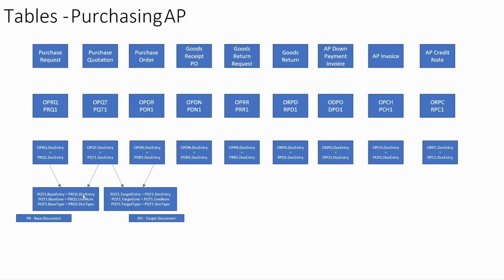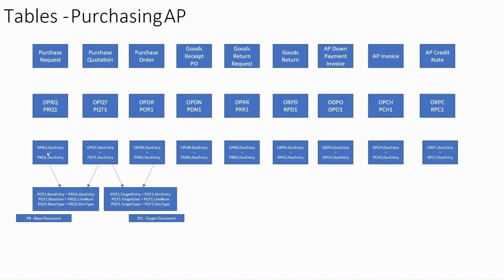So for the purchase quotation, the base document is purchase request. The base entry, base line, base type will be the doc entry, doc line, doc num and doc type of the purchase request. Similarly, for a purchase order, the base document could be purchase quotation or purchase request. And for a purchase request, the purchase order can be a target document.